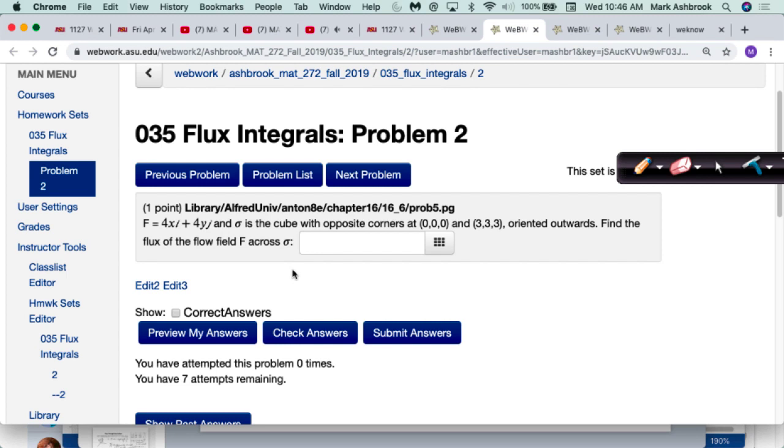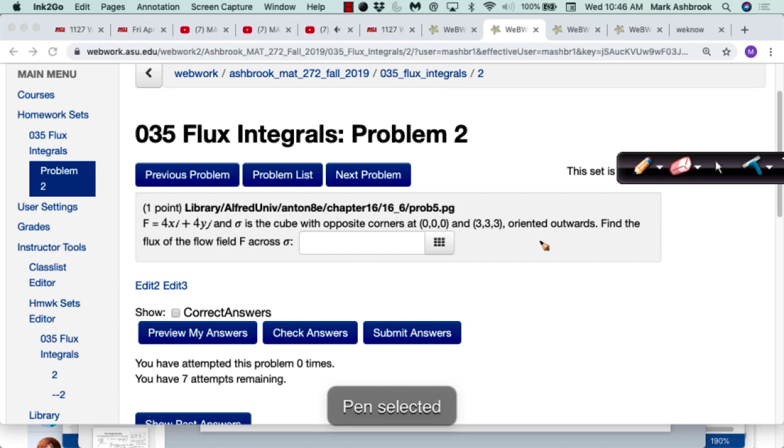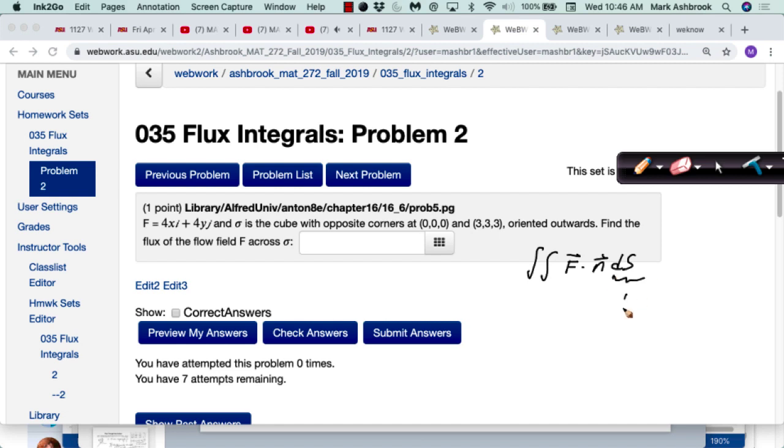But for every side, you can use the n dS way of doing flux, right? So you can do the integral of F dot n dS. And if your surface is parallel to one of the coordinate planes, then dS is the same as dA, which is either dy dx, dy dz, or dx dz.